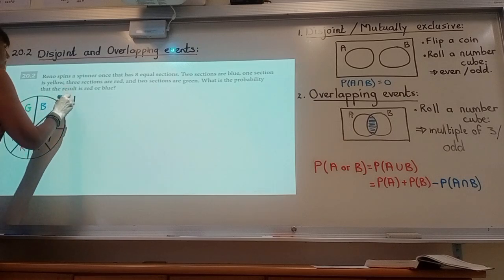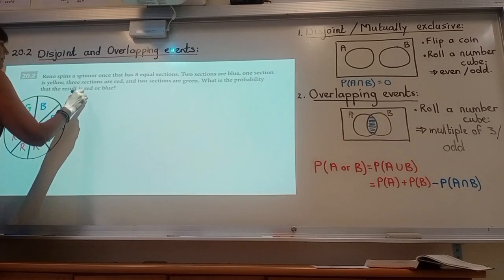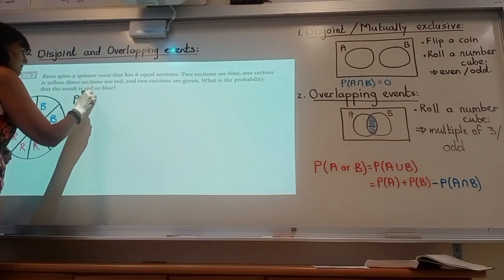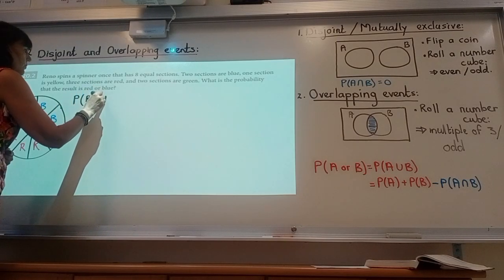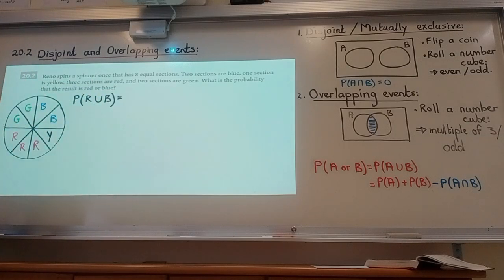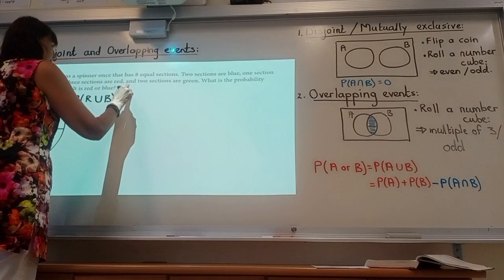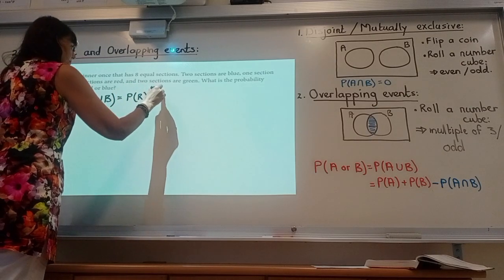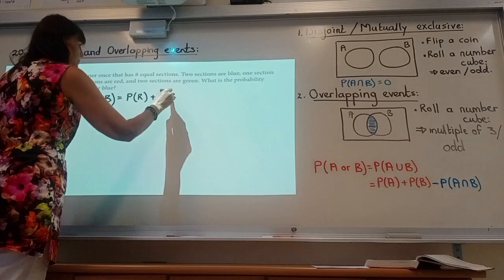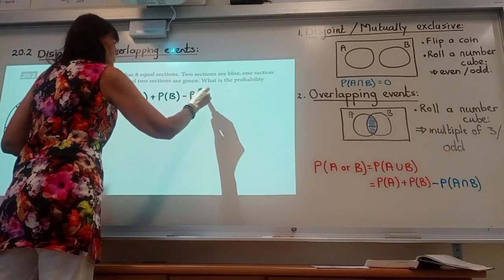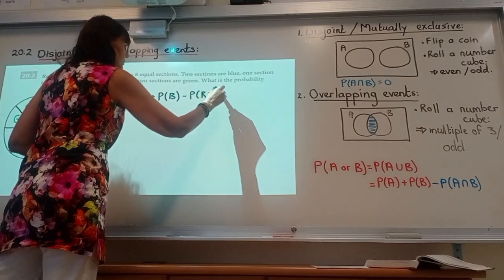So I want the probability that it is red, or we interpret as the basket, or blue. Using our new law, we can say the probability that it is red plus the probability that it is blue minus the probability that it is red and blue.